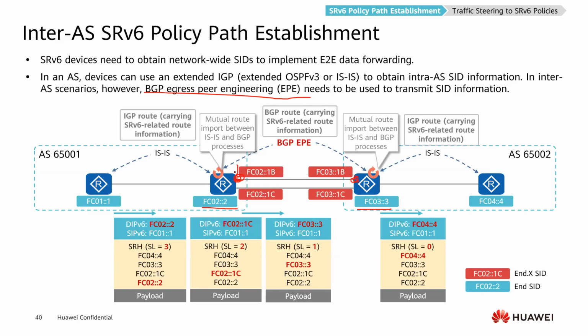For this neighbor relationship, they assign those segment SIDs, and for another device, it's the same. So based on the BGP neighbor, it will assign the SRv6 segment to the peer.